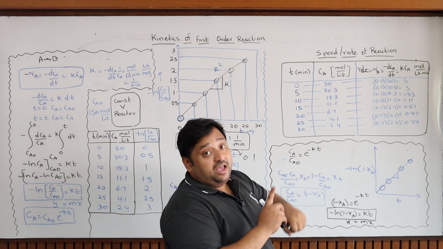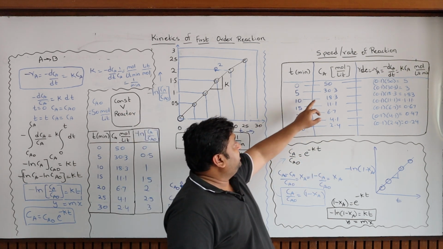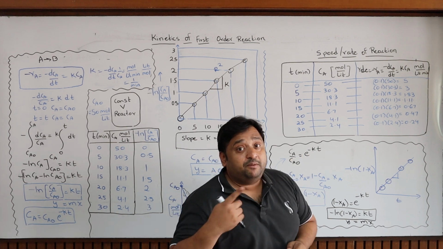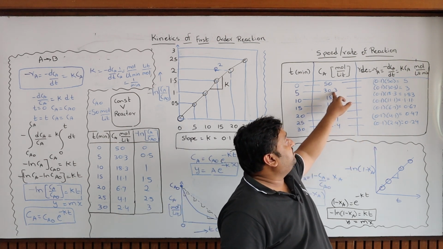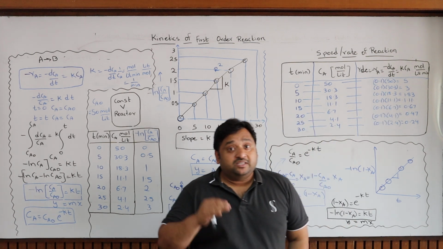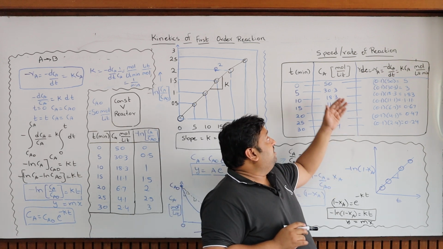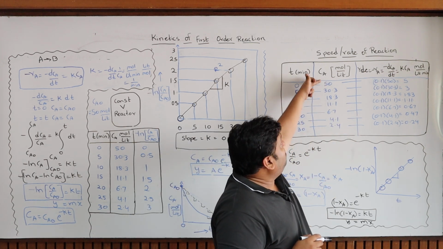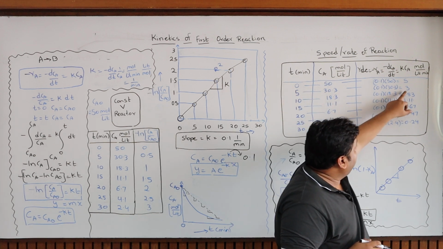After 5 minutes, what is the concentration in the reactor? It is 30.3. But after 5 minutes, what is the speed of the reaction? It is 0.1 into 30.3, which is 3. That means you can see the speed of the reaction is getting reduced with time, I mean reduced with concentration. That is, more is the concentration, more is the speed; less is the concentration, less is the speed.